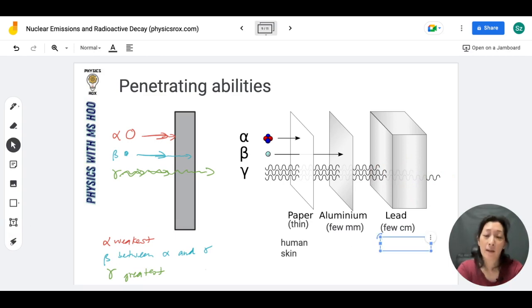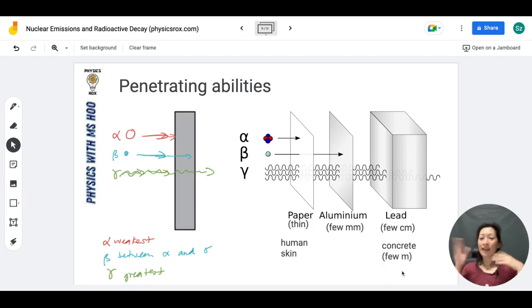Besides lead, gamma can also be reduced by concrete, but you need a few meters thickness of concrete. So don't think that if I stay in my home made of concrete, it's able to stop the gamma rays. No. If you look at how thick your walls are, it's not even 1 meter thick. It's probably about 20 to 30 centimeters thick. You need a few meters thickness of concrete to be able to reduce the gamma rays.